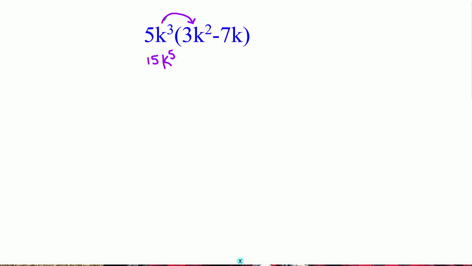And I have to distribute again. You distribute to every term that's in parentheses. So when I multiply here, 5 times negative 7 is negative 35. And k to the 3rd times k to the 1, there's the understood 1 there, so k to the 3rd times k to the 1 is k to the 4th. And I'm finished.